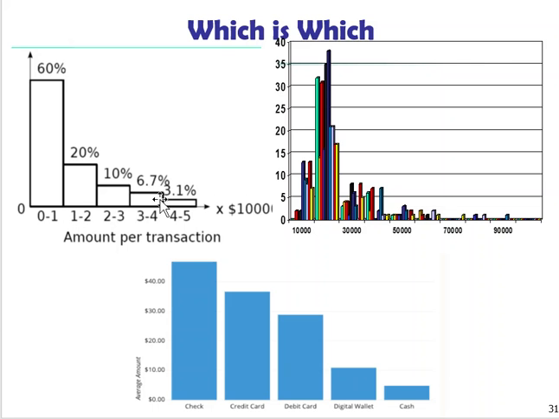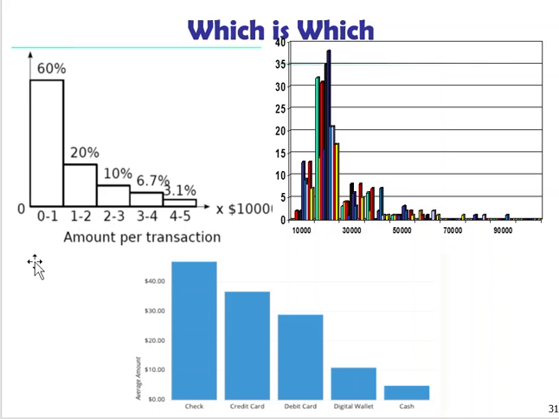So this shows the dollar amount spent per transaction and the density. We can see the majority of the customers spent less than $1,000 in a transaction.